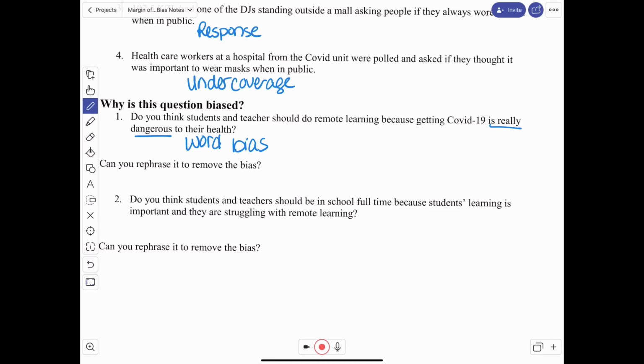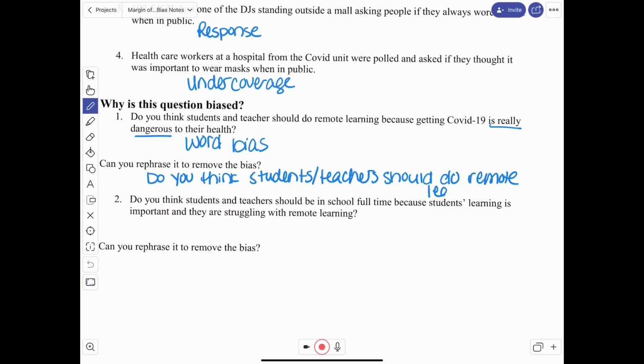So if we want to rephrase it, we would just say, do you think students, I'm going to abbreviate a little bit here, students and teachers should do remote learning? Okay, just keep it plain and simple. We're not trying to sway them one way or another. We just want to know, should they do remote learning?